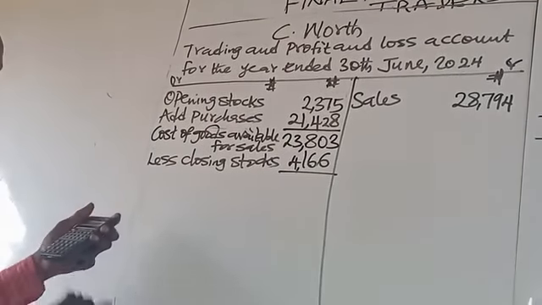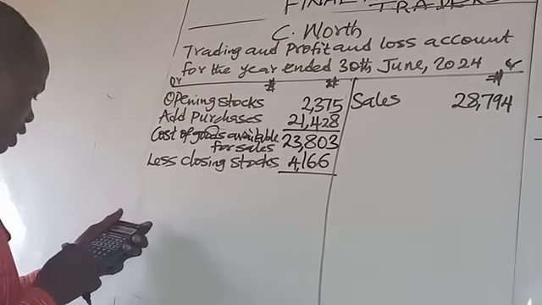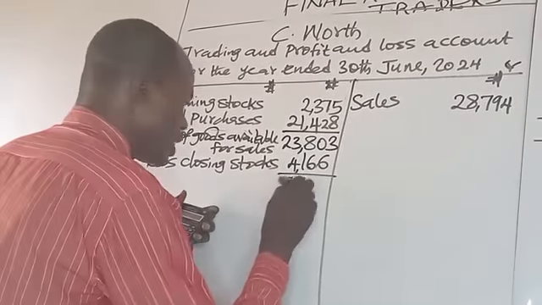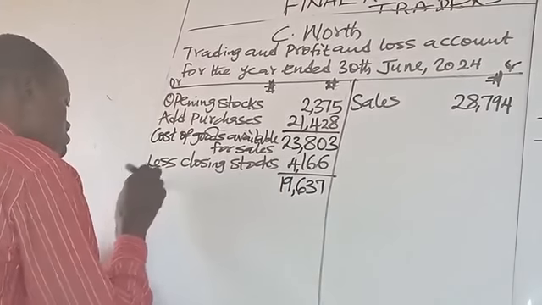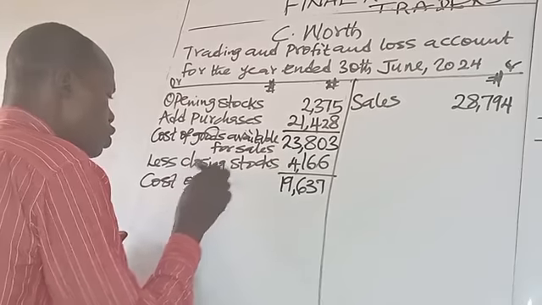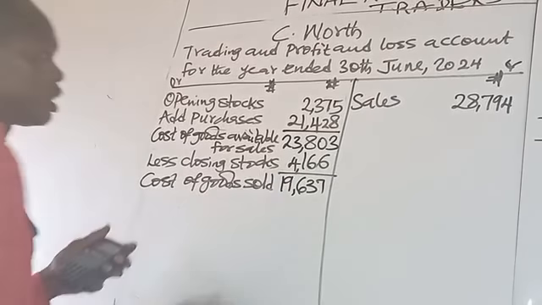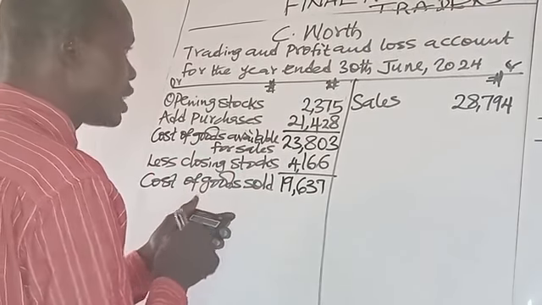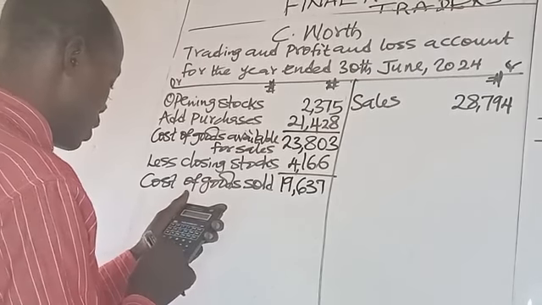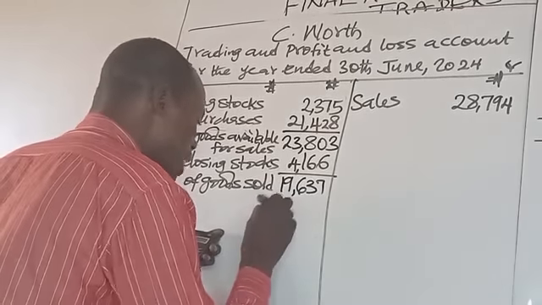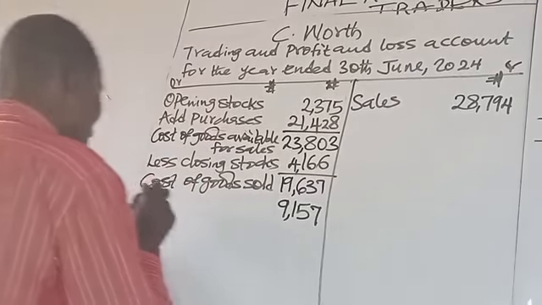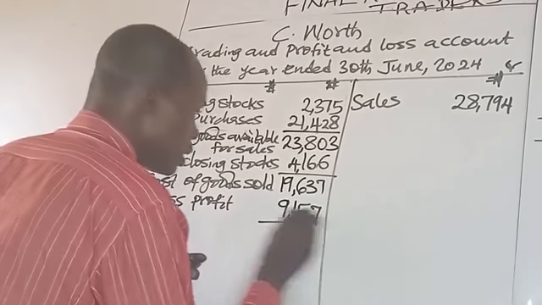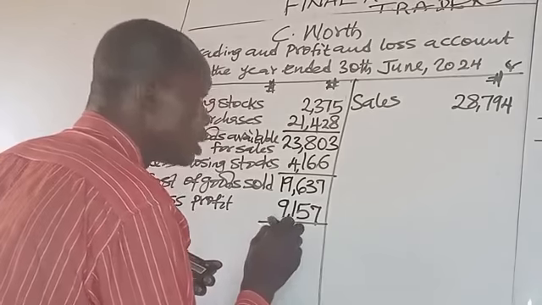That is closing stock. If you subtract 4,166 from cost of goods available for sales, you have 19,637. That is cost of goods sold. Then you now subtract the cost of goods sold from sales. Our sales is 28,794. Then we have the gross profit of 9,157. That is our gross profit. Then the total is 28,794.